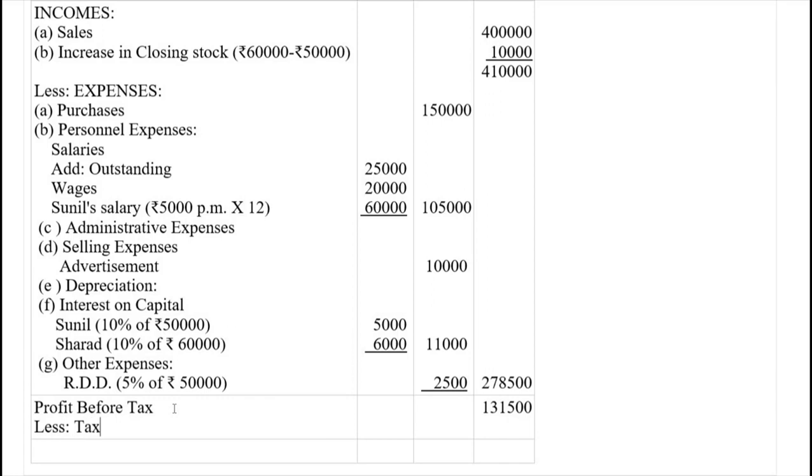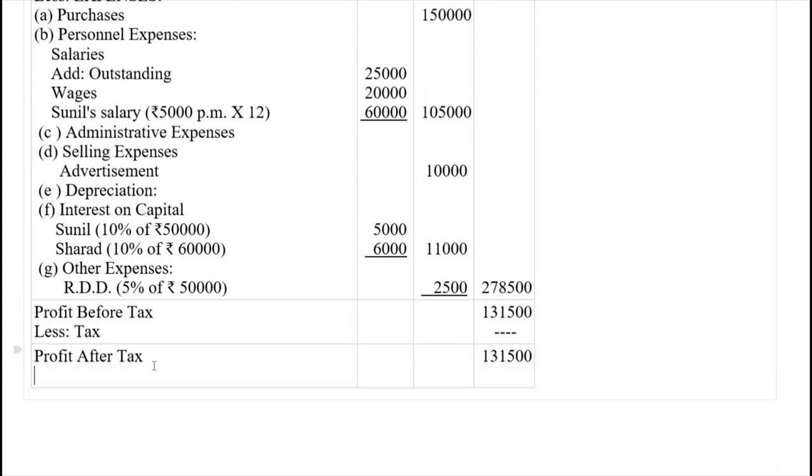So less tax. Just now let me not take it, in order to avoid confusion for the students. So profit after tax comes to rupees 1,31,500. Then less transfer to partners.